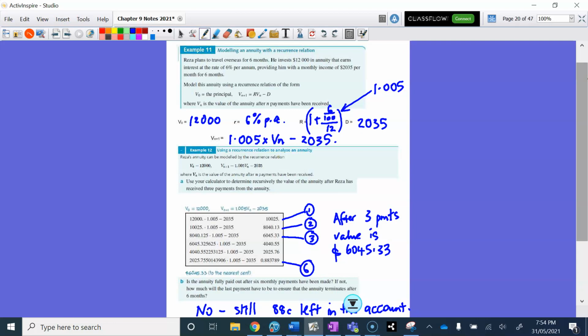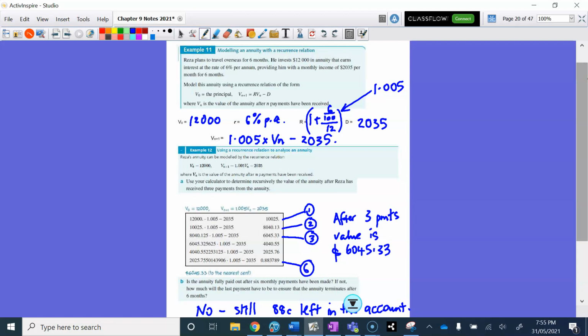And if we write that recurrence relation using those values, V(n+1) is going to be 1.005 times Vn. That's the bit that grows the annuity, the 0.5% interest. And the minus $2,035 is the payment that he's taking out monthly.